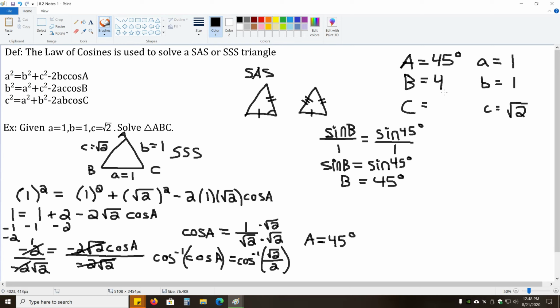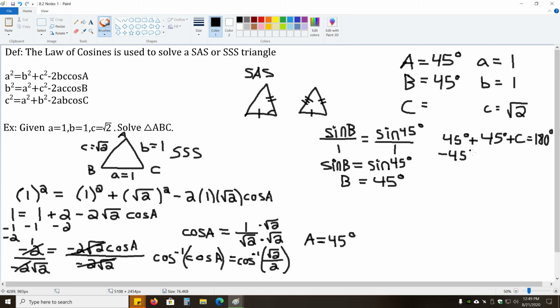So we just have to solve for angle C now. And at this point, we no longer even need to use the law of sines, because now we have two of our three angles. Remember, angle A, which is 45 degrees, plus angle B, which is 45 degrees, plus angle C has to add up to equal 180 degrees.